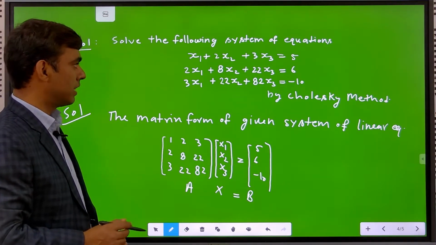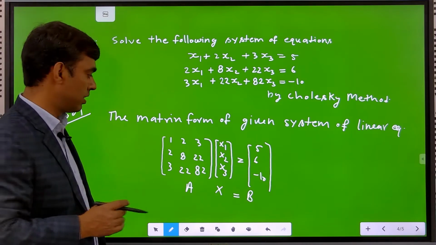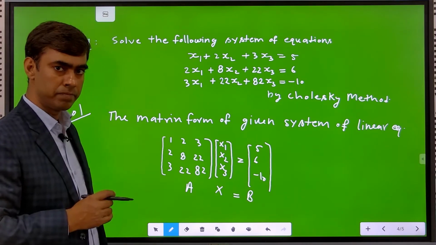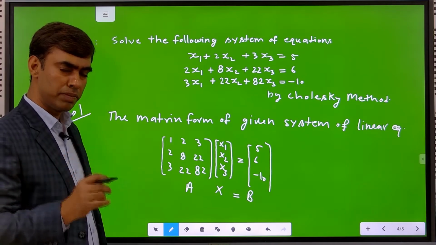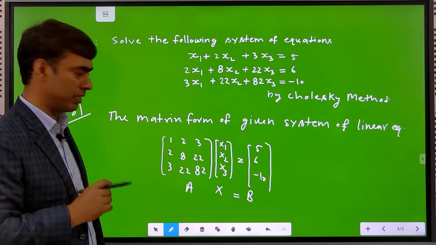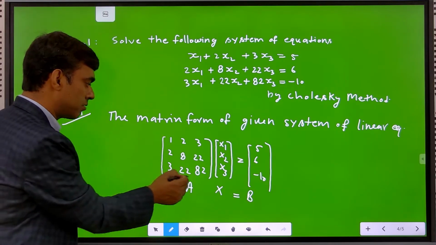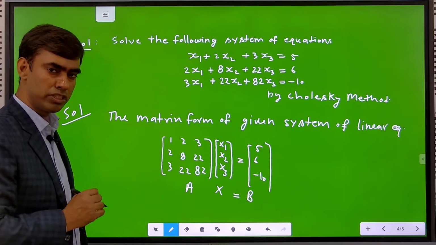Now, in order to apply Cholesky's method, as we discussed earlier, A must be a symmetric and positive definite matrix. So let us check the properties of A: whether A is symmetric or not, and whether A is positive definite or not.